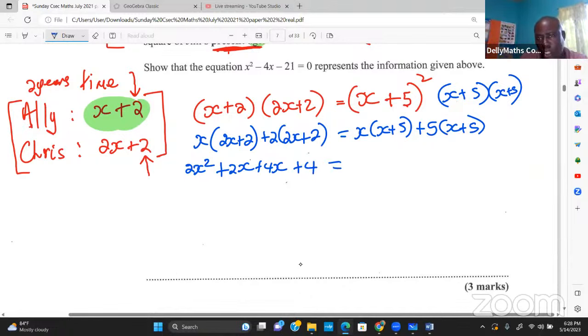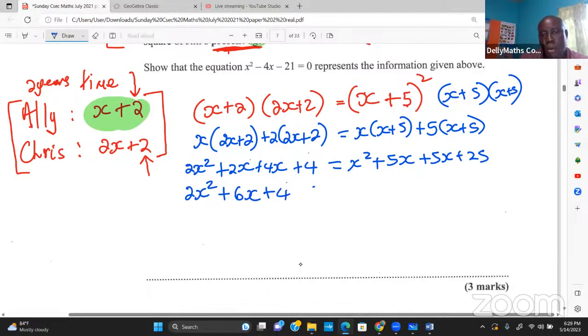And this is going to equal x squared plus 5x, then I have another 5x plus 25. We want to simplify what we have on both sides. So this is 2x squared plus 6x plus 4, which is equal to x squared plus 10x plus 25.